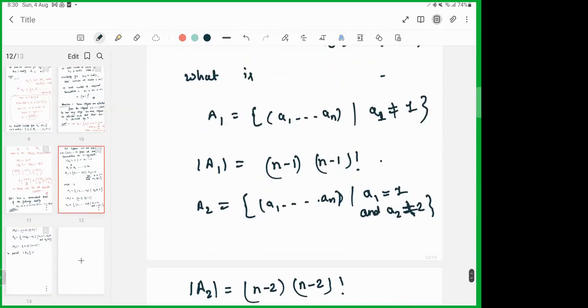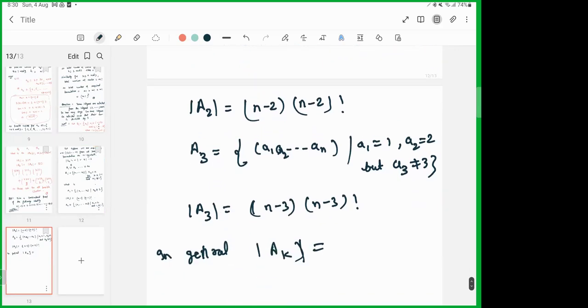Suppose you have any given kth slot, Ak. So A1, A2 up to Ak minus 1 is fixed, right? For Ak, you have how many choices? In that slot, you cannot put k. So k choices are removed, and for the remaining you have n minus k factorial choices. So this is precisely n minus k into n minus k factorial choices.